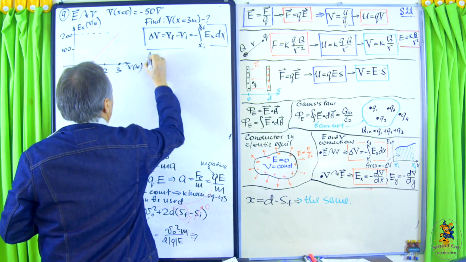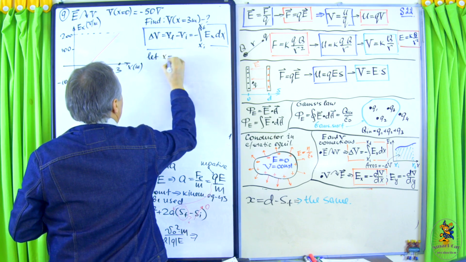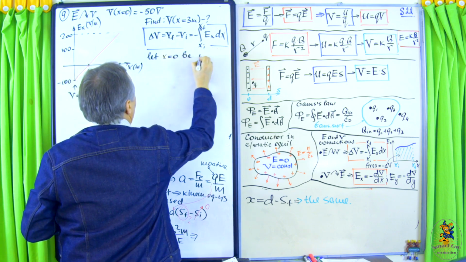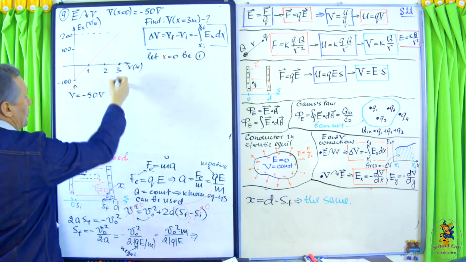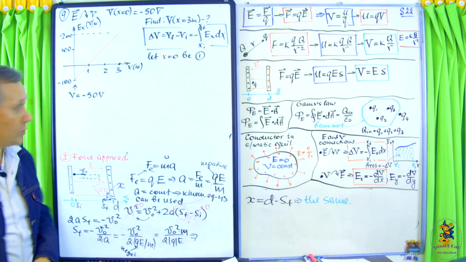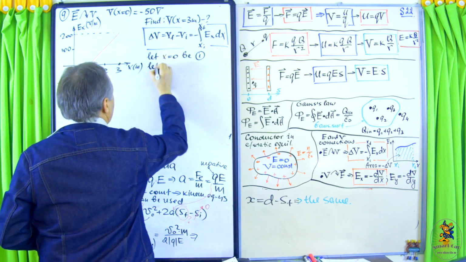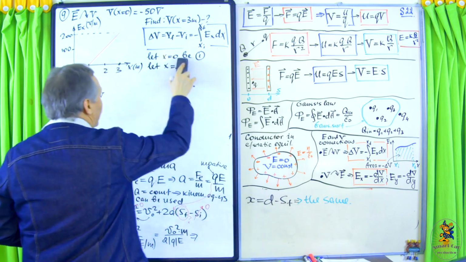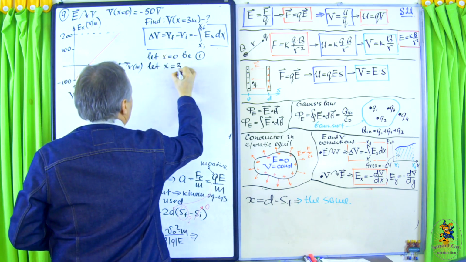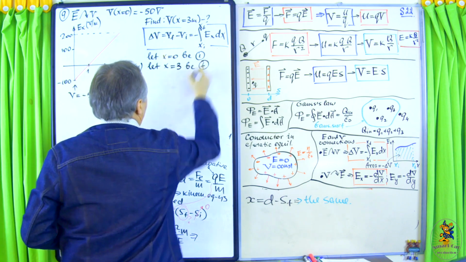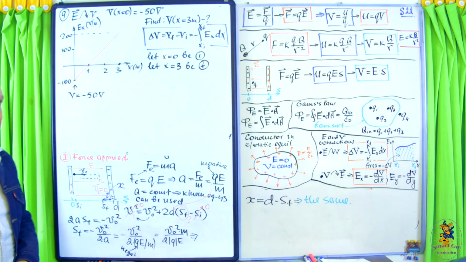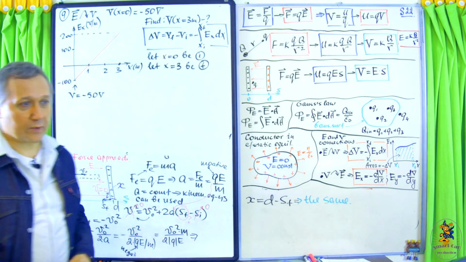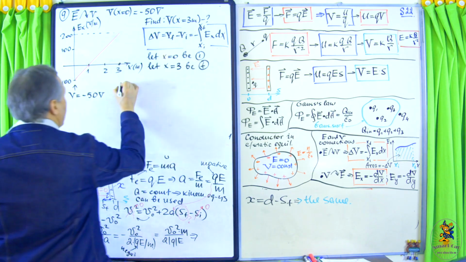So let x equals 0 be our initial point. And since we want to find the electric potential at that point, that will be our final point. So let x equals, okay, not d, 3. x equals 3 be our final point.